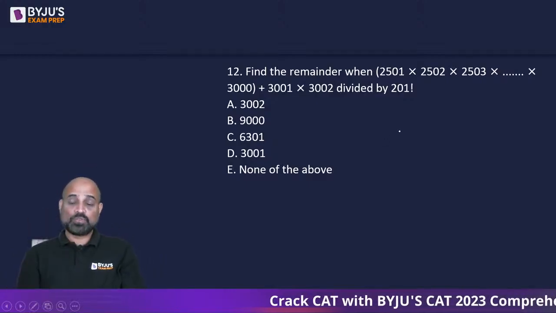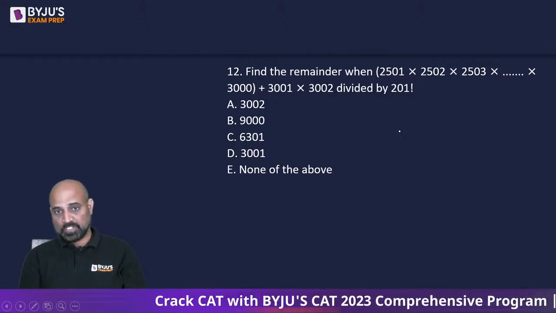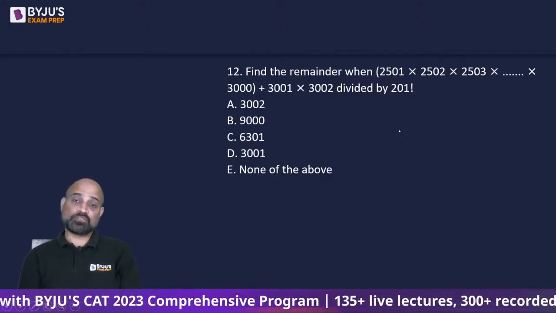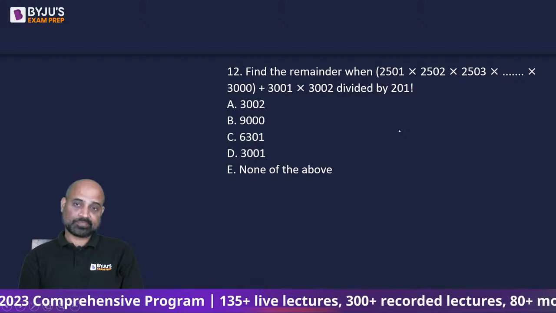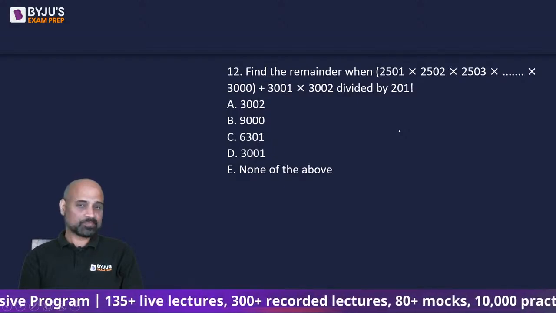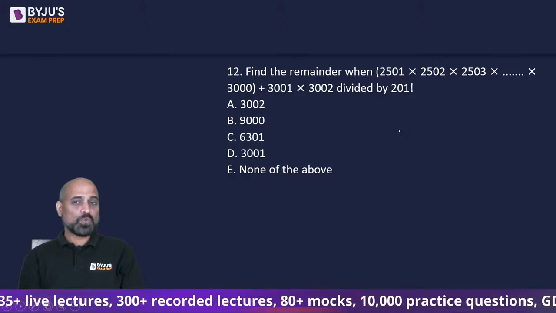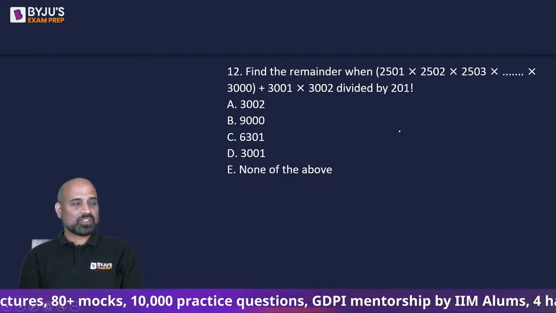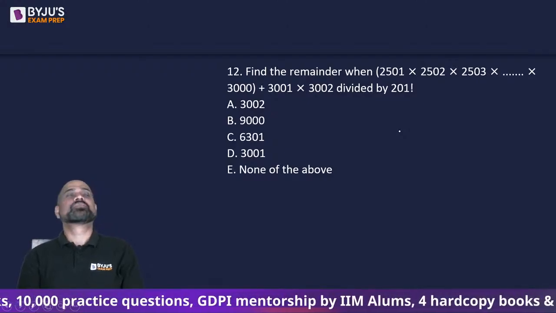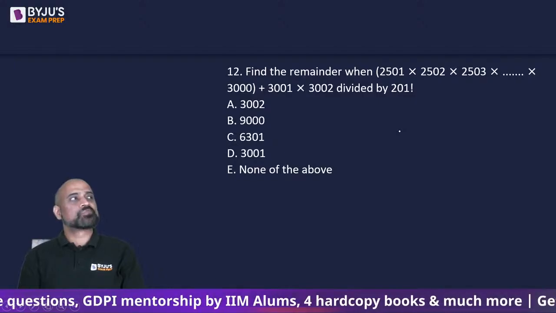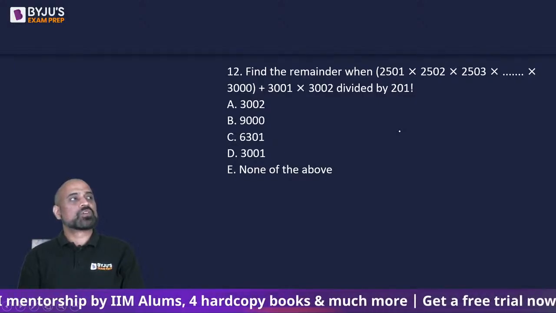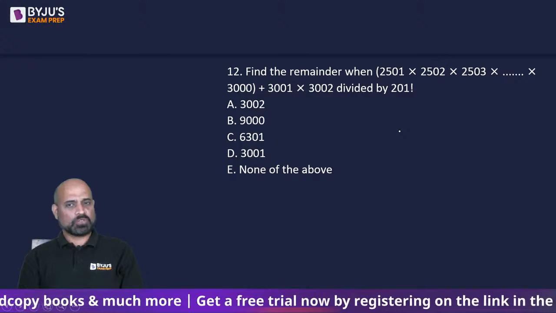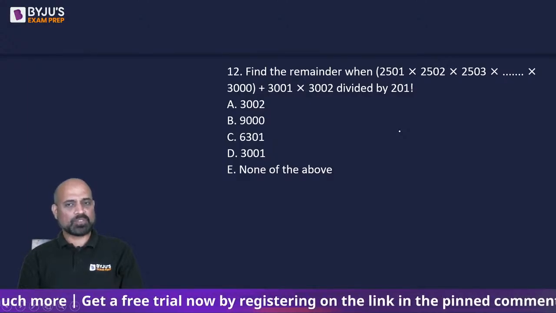Find the remainder when 2501 into 2502 into 2503 up to 3000 plus 3001 into 3002 is divided by 201 factorial. From 2501 to 3000, that's a total of 500 numbers there.